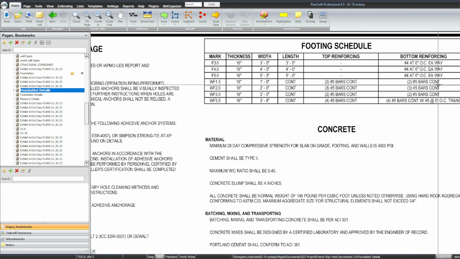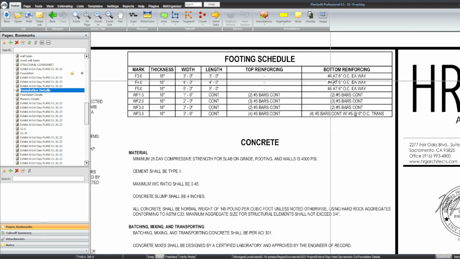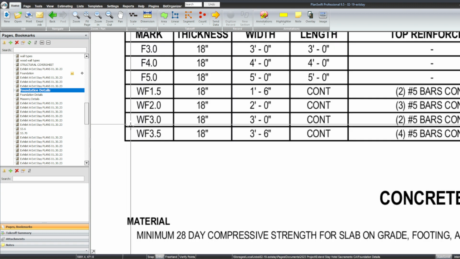our wall footing. These are F3, these are our column pads, 3x3, 4x4, 5x5, with number 4, 6 inch each way. Okay, so somewhere on there, it better be telling us on that foundation plan, WF 1.5, 2, 3, and 3.5.